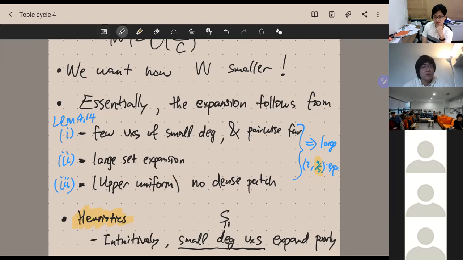And the small degree vertices, also linearity of expectation or something like that. For the small degree vertices that are pairwise far apart, you can just calculate the expected number of paths whose endpoints have small degree.